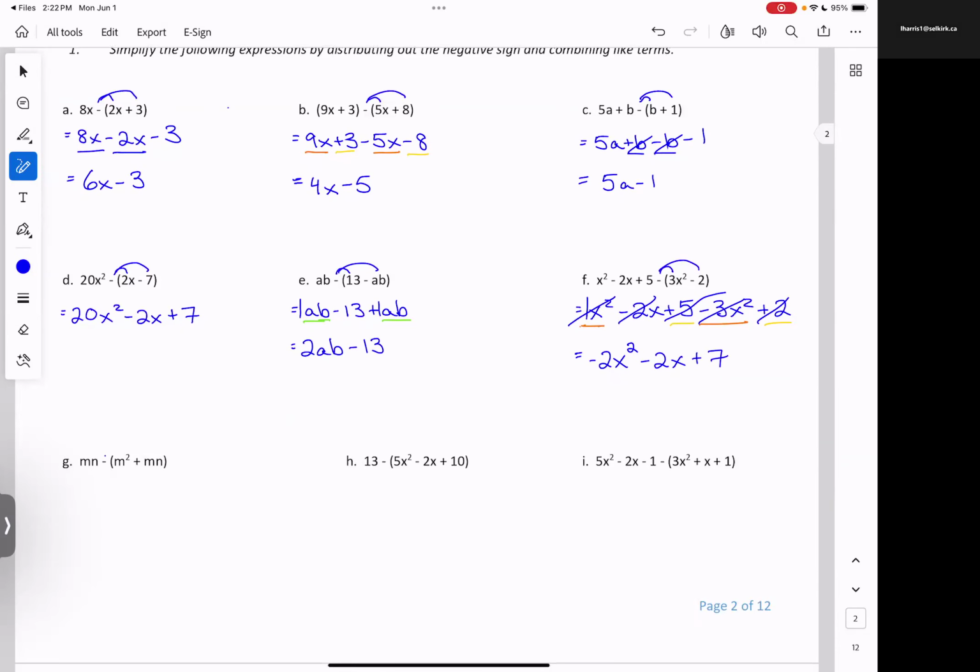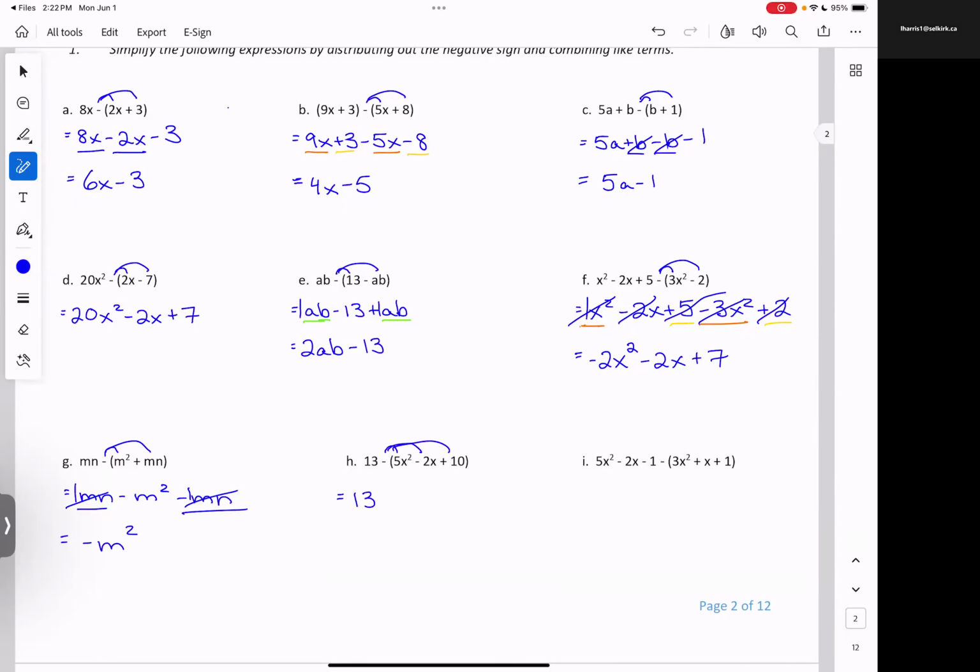Okay, next one. Once we distribute out that negative, we've got mn minus m squared, and then minus mn. So here we have two like terms, the mn's, and it's 1 minus 1. Those just go away then to become 0. So our answer then is just negative m squared. All right, h, let's distribute that out.